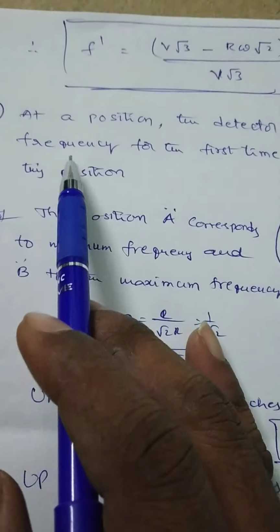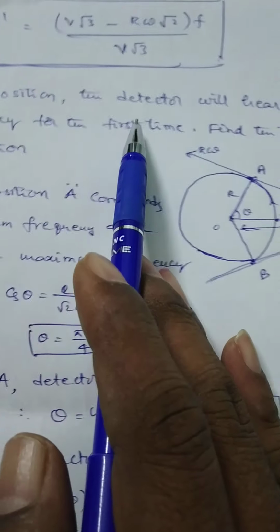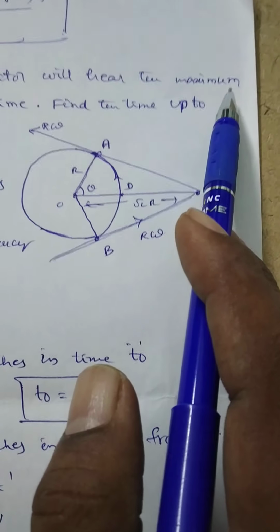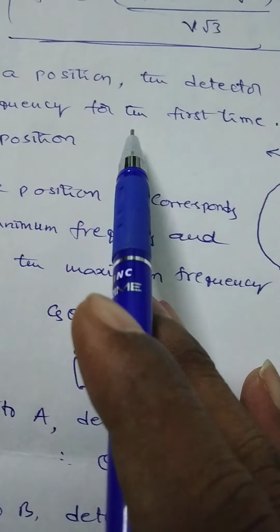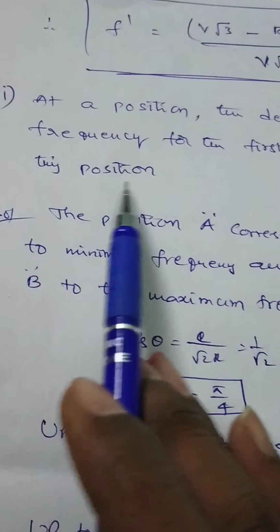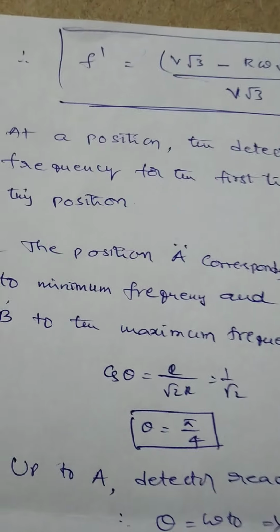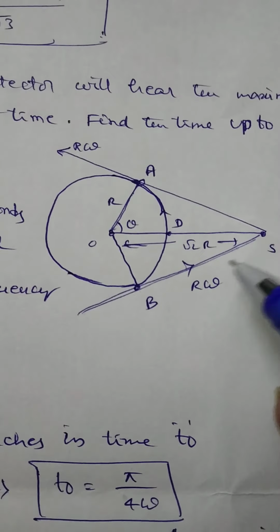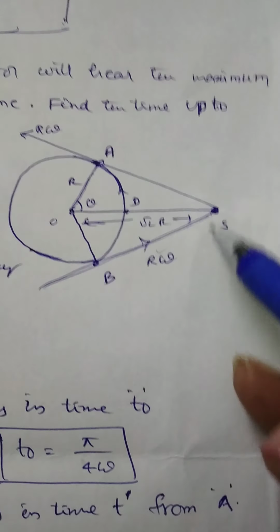In the same problem, suppose at any position the detector will hear minimum frequency for the first time. Find the time up to this position, minimum time. This is the diagram. S is the position of the observer.